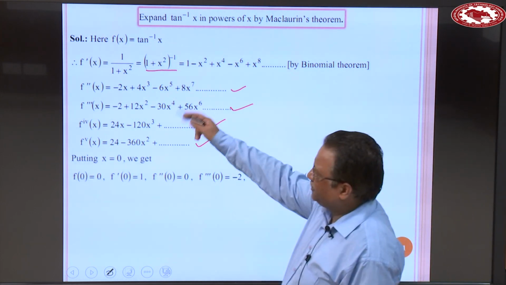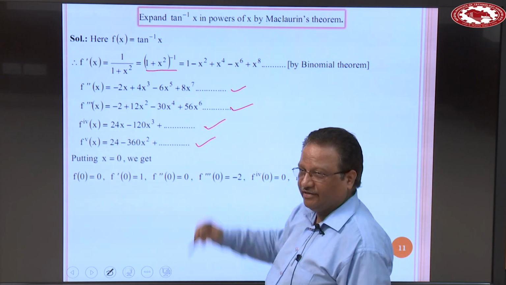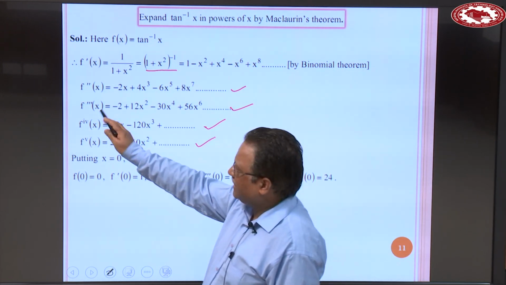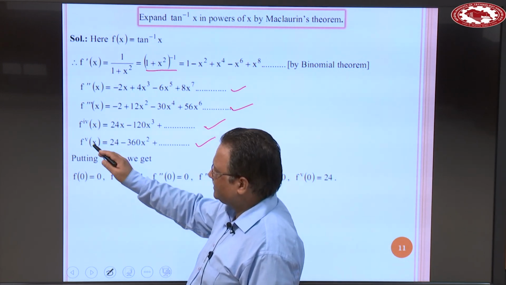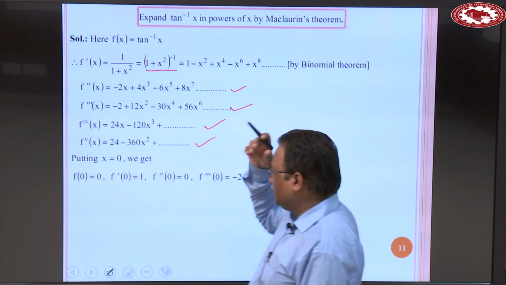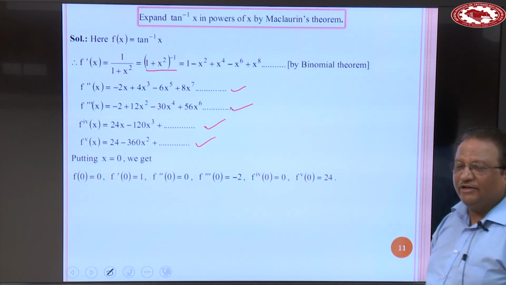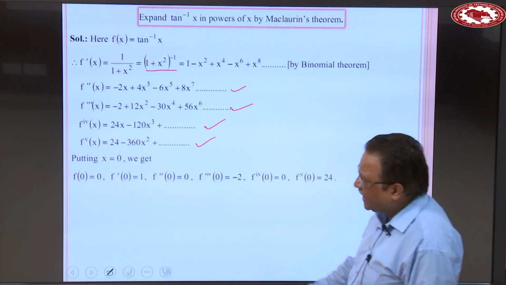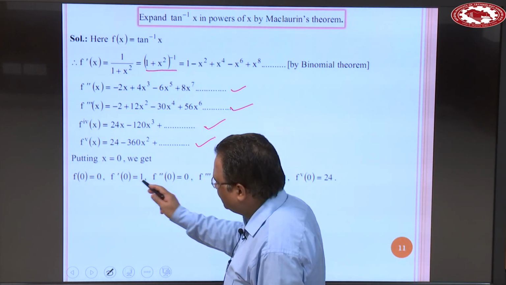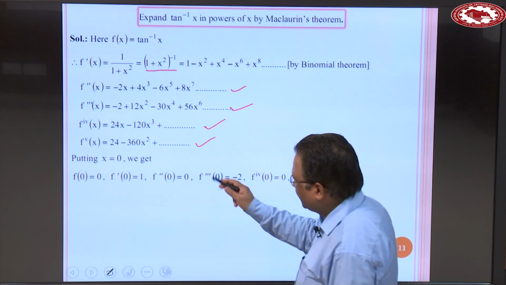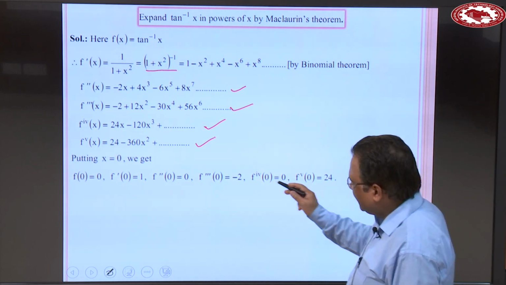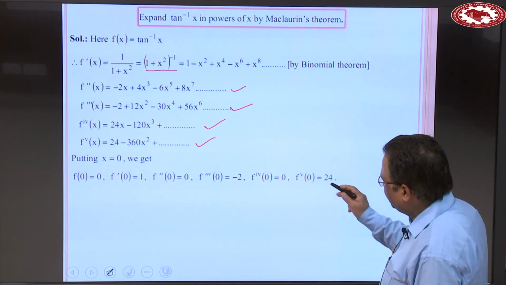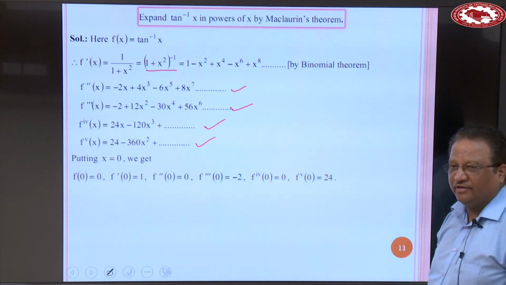You just differentiate with respect to x successively. You will get f double dash x, f triple dash x, f fourth derivative x, f fifth derivative x and so on. Put x is equal to 0. So when you put x is equal to 0, we get f0 is 0, f dash 0 is 1, f double dash 0 is 0, f triple dash 0 is minus 2, f fourth derivative 0 is 0, f fifth derivative 0 is 24 and so on.